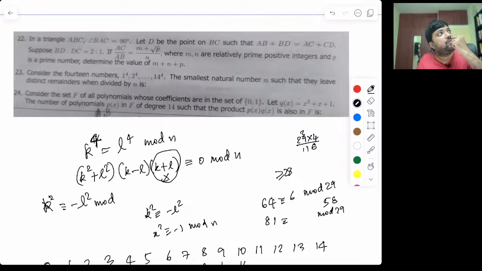If you have a prime of the form 4k plus 3, is 31 of the form 4k plus 3? I think so, right? 31 has no solution for k square plus L square equal to 0, I think. Correct. What is the reason?